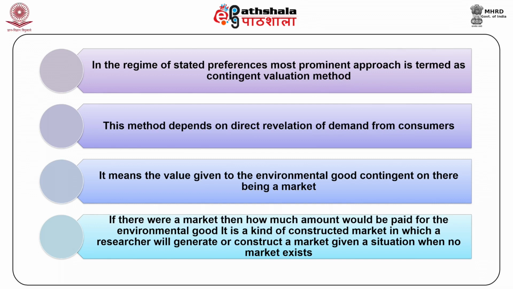It means the value given to the environmental good contingent on there being a market. That is, if there were a market, then how much amount would be paid for the environmental good? It is a kind of constructed market in which a researcher will generate or construct a market given a situation when no market exists.